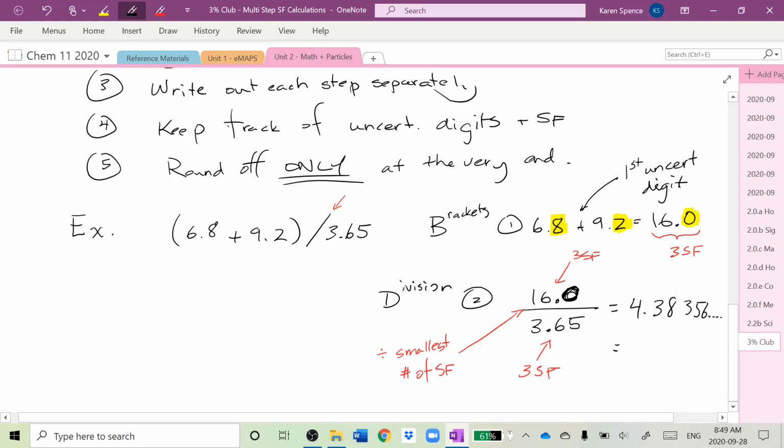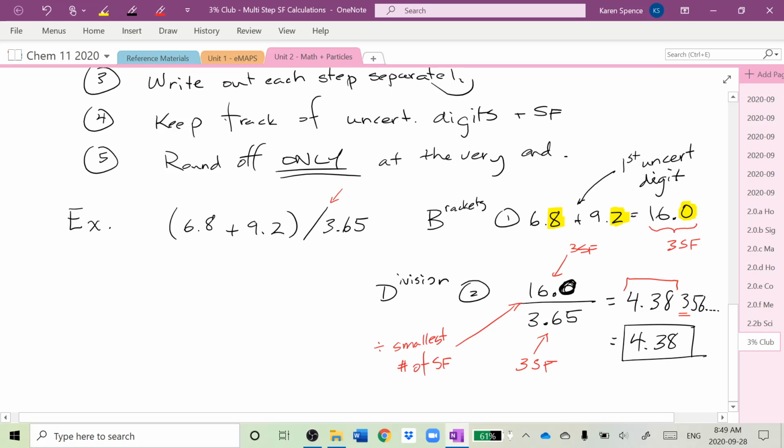But we want to go to 3 sig figs, 1, 2, 3. And we look at our number to the right of that, and that's less than 5. So we're not going to round up. And we will get 4.38. And at this point, I would put a box around that because there's a lot of work in there. And it's helpful to say, this is my final answer.